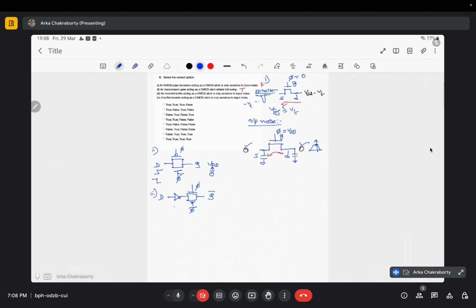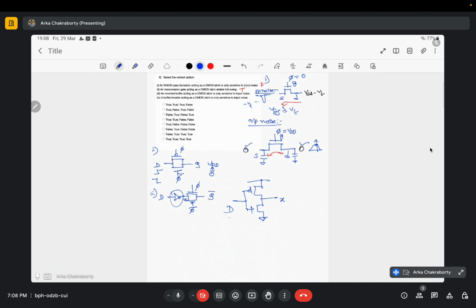So basically if I zoom into this inverter and draw the transistor level of this inverter, it's basically this. It is my D here, and if I call it node X, this is my node X here.